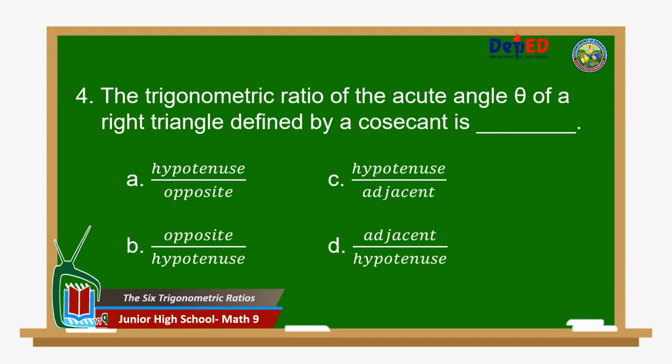Number 4. The trigonometric ratio of the acute angle of a right triangle defined by a cosecant is A. Hypotenuse over opposite. B. Opposite over hypotenuse. C. Hypotenuse over adjacent. Or D. Adjacent over hypotenuse.